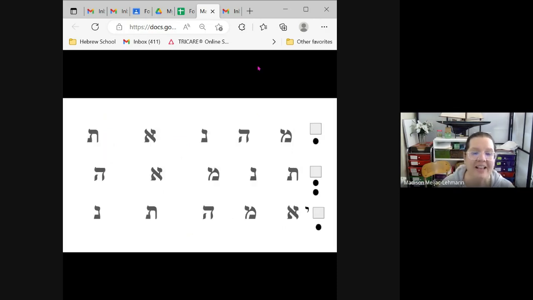Okay. So here is another vowel speed drill. So we have the hirik short, we have the shava, and we have the hirik long. So for the hirik, we have me, he, ni, e, t. And for shava, technically, this is a tricky one.